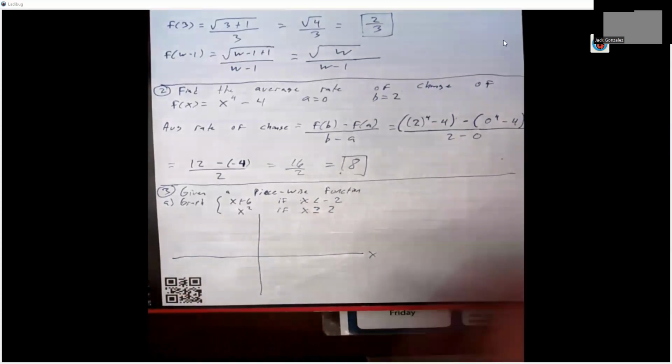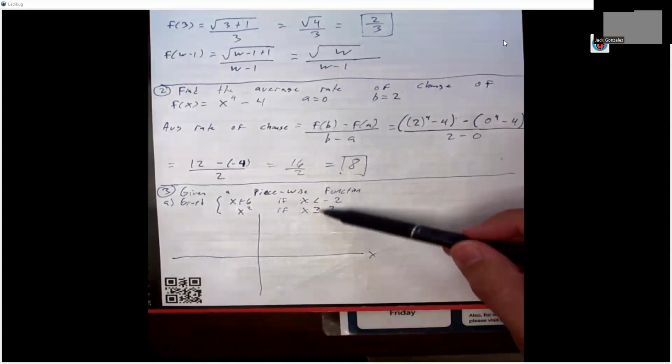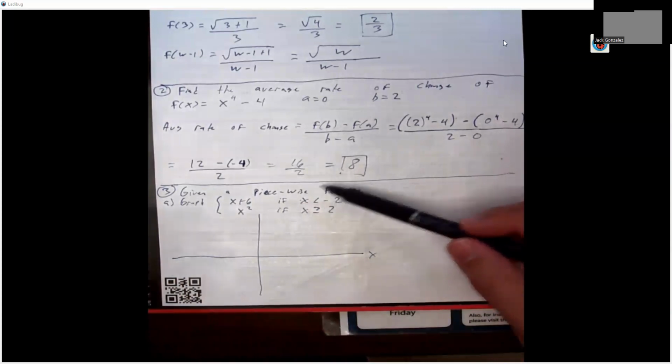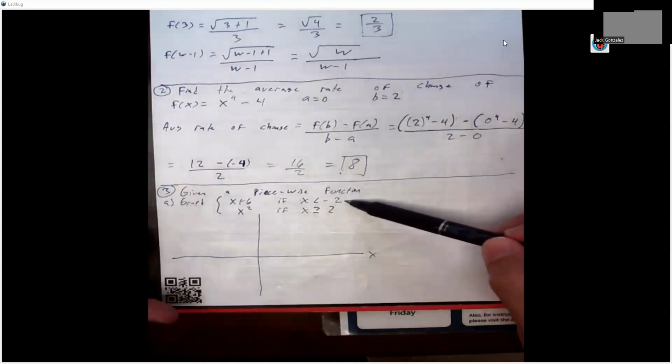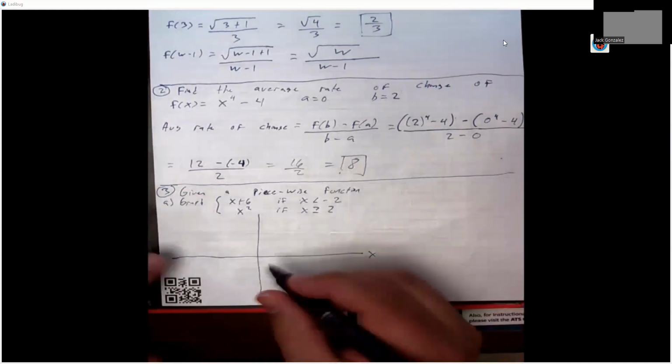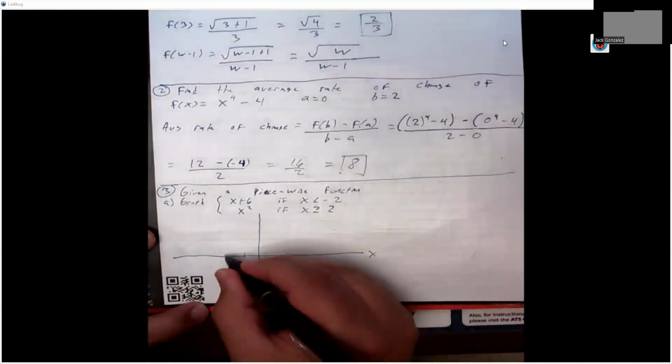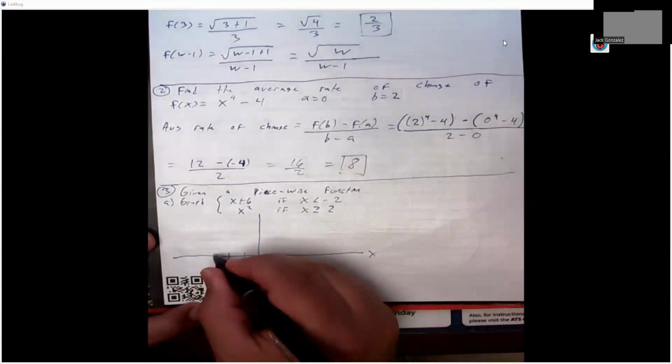Okay, so what I recommend is plotting around that boundary point. So let's pretend you are allowed to plug in -2 into here. If you plug into that first function, you're going to get +4, right?